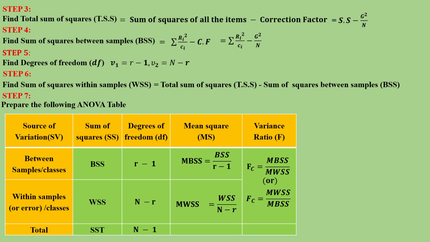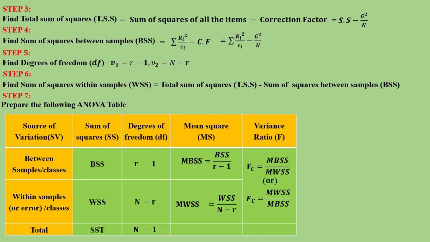Then the mean sum of squares between samples, MBSS, is BSS by its degrees of freedom, r minus 1. Then for within samples, the mean sum of squares, MWSS, is WSS by n minus r, its degrees of freedom.